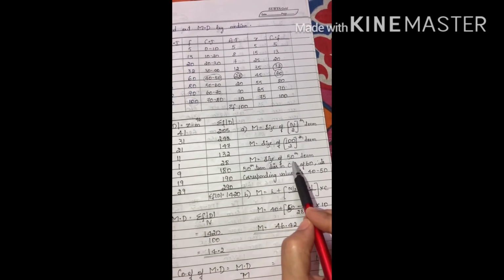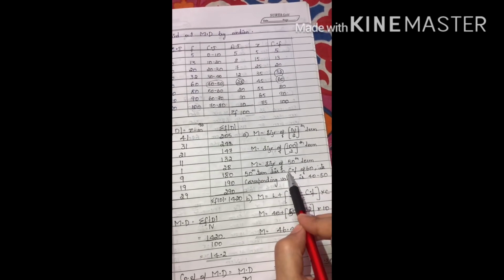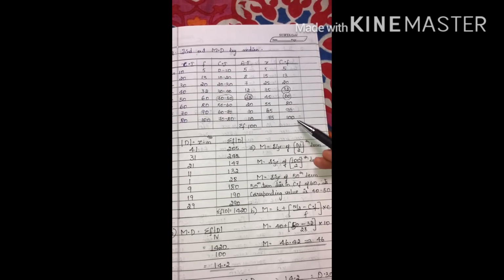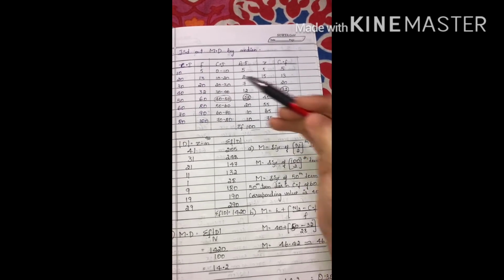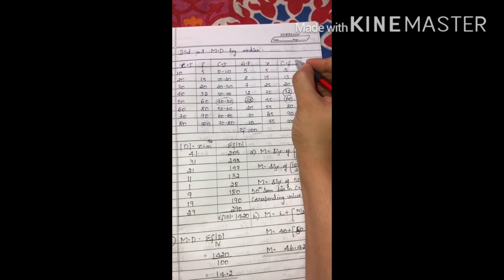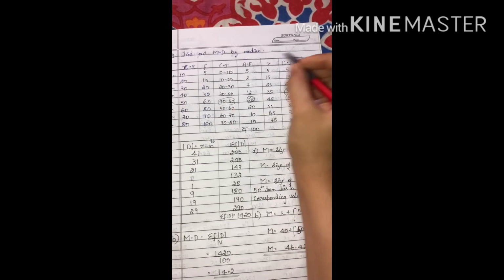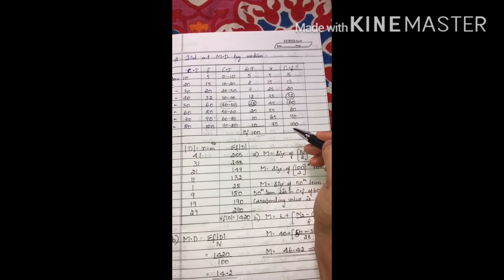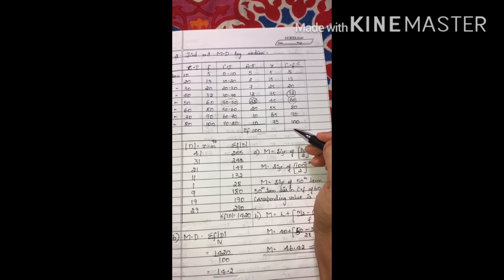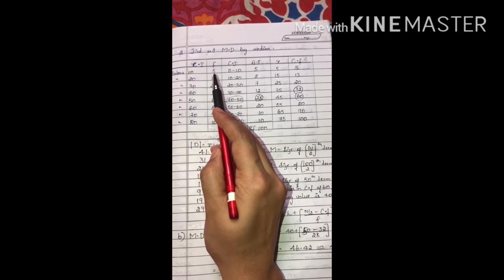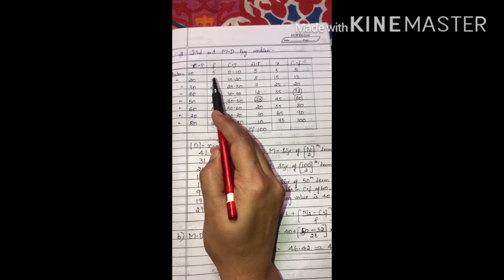To identify where this 50 lies, I definitely have to extract this cumulative frequency column. And this column is again a repetition of this column, because for median we have to identify cumulative less than. They've already given us less than, so I have just written the values as they are. Keep one thing in mind: if the question says above 10, above 20, then the frequency given here would be cumulative more than.